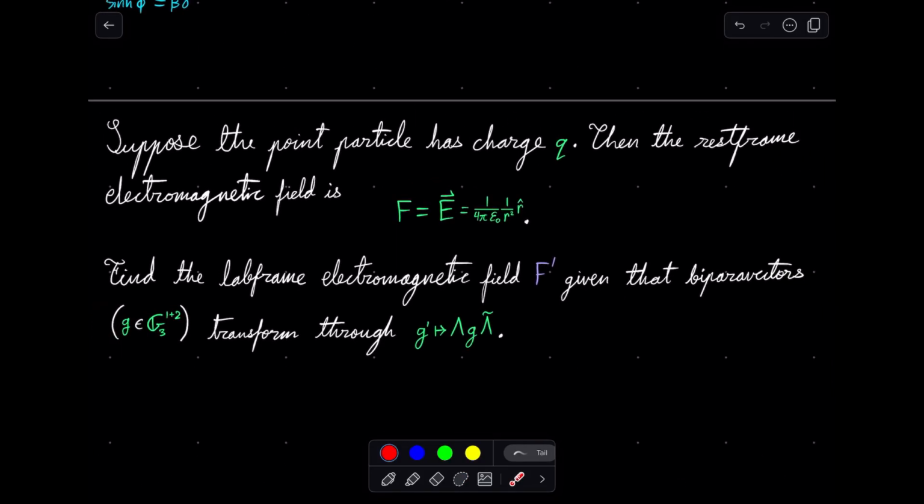Find the lab frame electromagnetic field F prime given that bi-paravectors, and recall a bi-paravector is an element in the algebra that has a vector and bivector component. They transform through this law using the Lorentz rotor, but instead of taking the reverse, you take the Clifford conjugate.